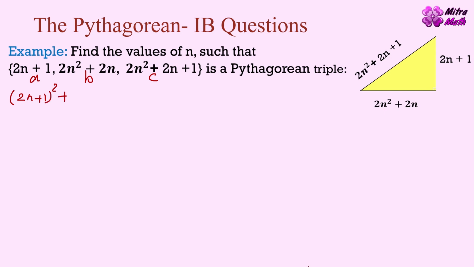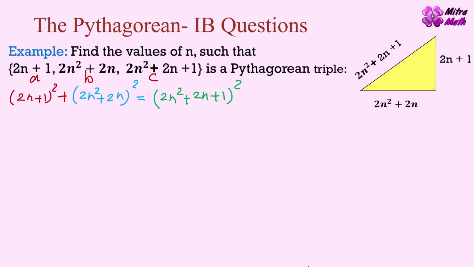B squared would be (2n squared plus 2n) raised to the 2, equal to c squared, which would be hypotenuse squared, which is (2n squared plus 2n plus 1) raised to the 2. Now carefully expand each square term, simplify, and bring it back to the equation to find n.